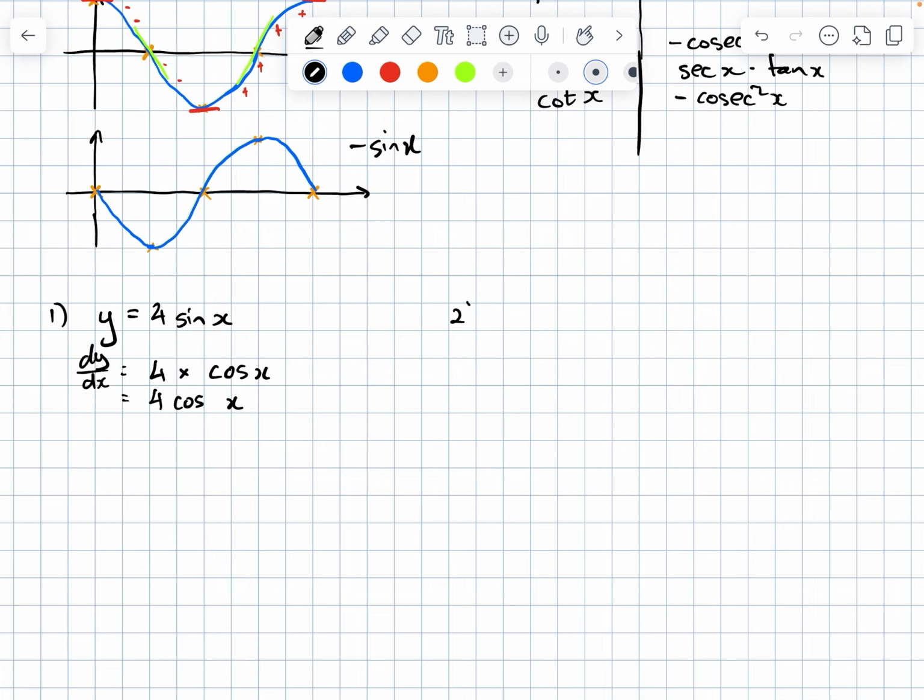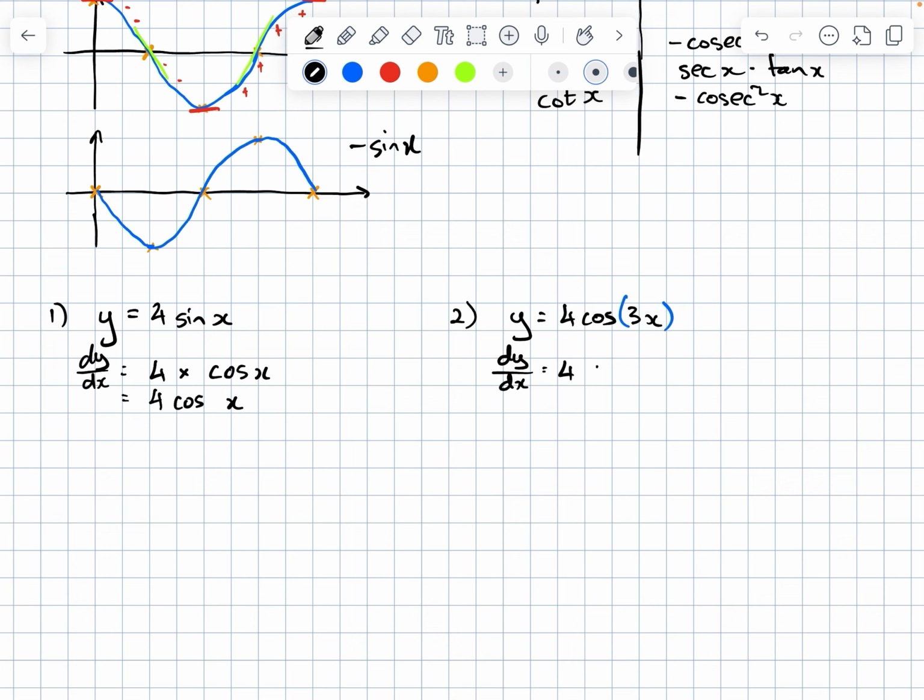Something a little bit more involved, y equals 4 cos 3x. Now, sometimes there will be brackets around the 3x, sometimes there won't. Either way, it means the same thing. Differentiating this, dy dx equals, we'll leave that 4 in front again.